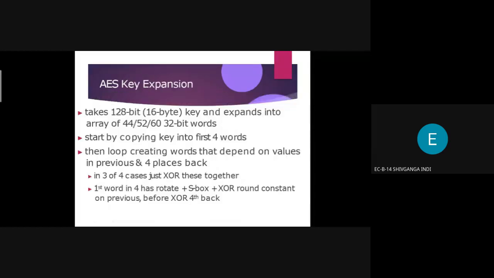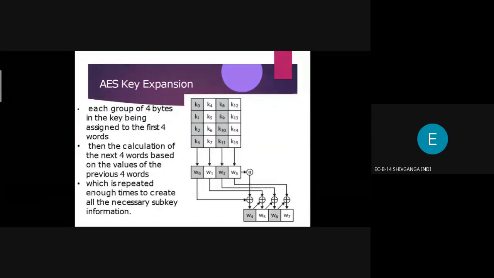That 16-byte key we have to expand into 44, 52, or 60 32-bit words. So how can we expand the key? There is a procedure for the expansion of a particular key.